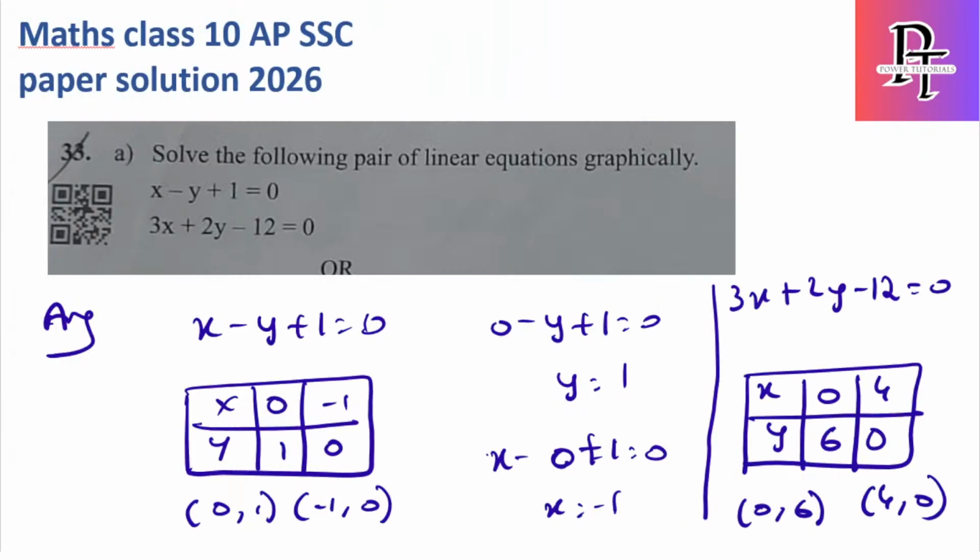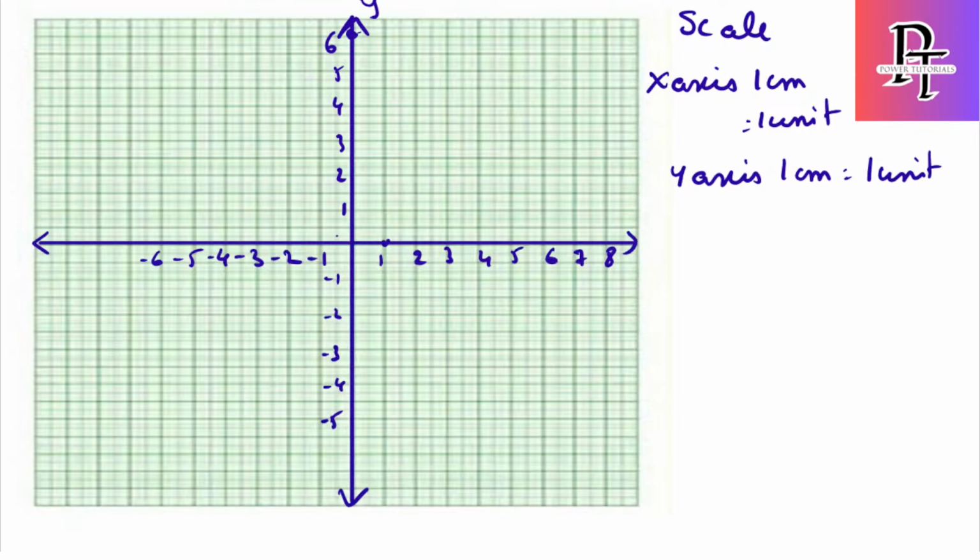0, 1, minus 1, 0. 0, 1 is this one. Minus 1, 0 is here. So let's draw this. Using scale and pencil you have to draw it.